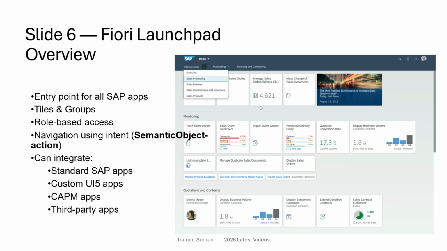Each user, based on his position, like employee, manager, sales manager, admin, will have different tiles. So it is role based. The navigation uses intent, which is nothing but semantic object plus action, which we will see during configuration. And this Launchpad can integrate standard SAP UI5 apps, custom UI5 apps, CAPM apps, third-party apps, and anything.